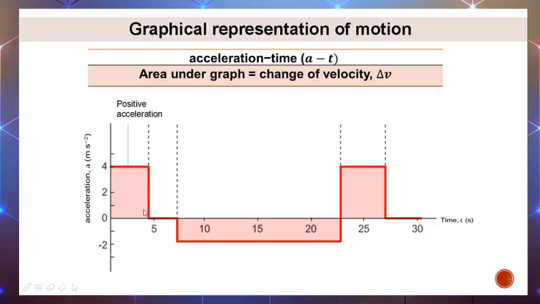How about this one? This is considered zero acceleration because it lies on the x-axis. And this one is considered negative acceleration. And it goes back to positive acceleration, and last one, zero acceleration.